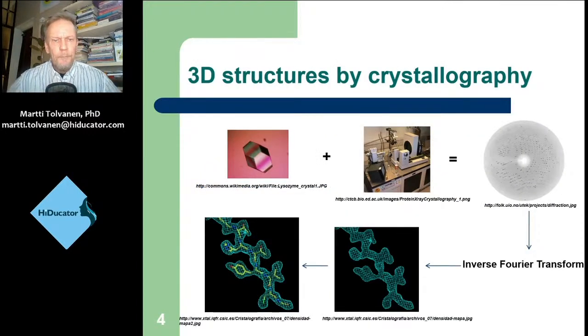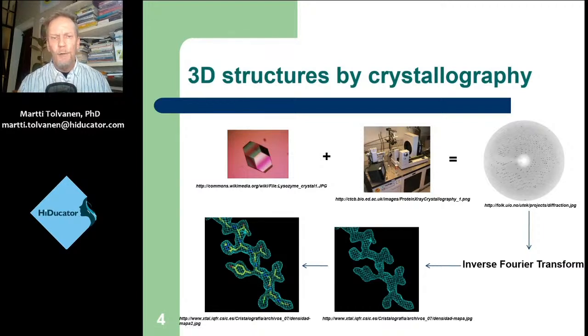Now, this is like a 1-minute crash course in protein crystallography. You have to crystallize a protein, which might take somebody in the lab several months before they start getting crystals. Then you radiate the crystal with a narrow beam of X-rays and you get a diffraction pattern. You do that from multiple directions.